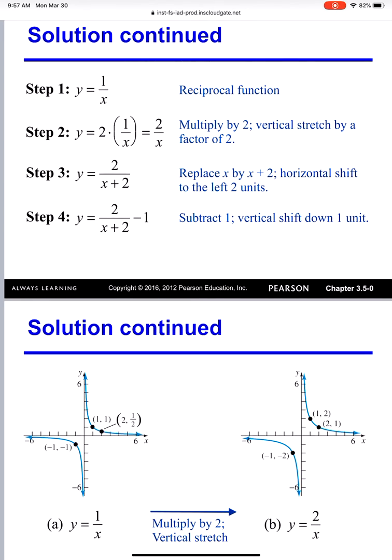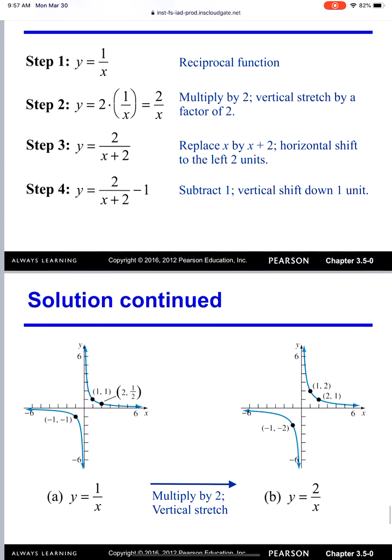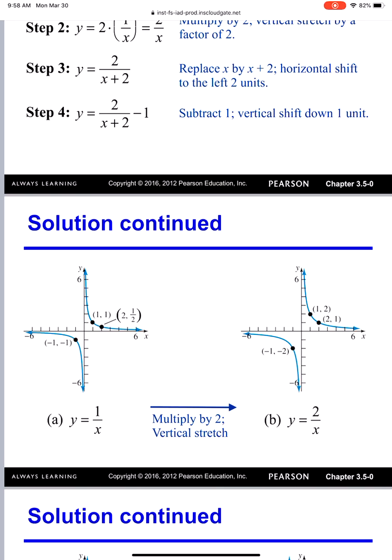Next, step 3. You have y equals 2 divided by x plus 2. You see that x plus 2 means the second graph has to be pushed 2 units to the left. The y coordinates won't change. The x coordinates of graph 2 will shift 2 units to the left.